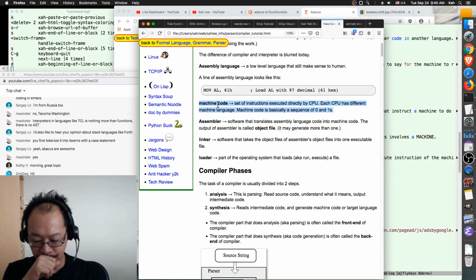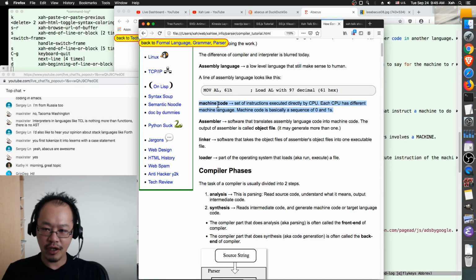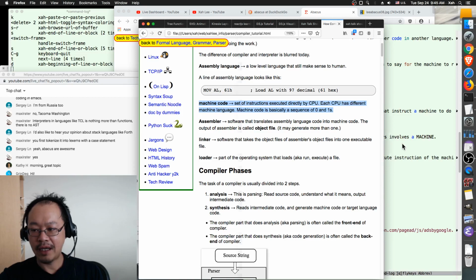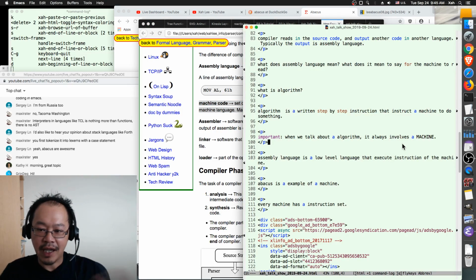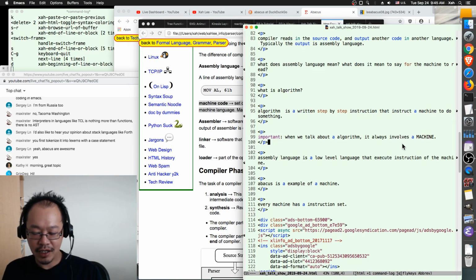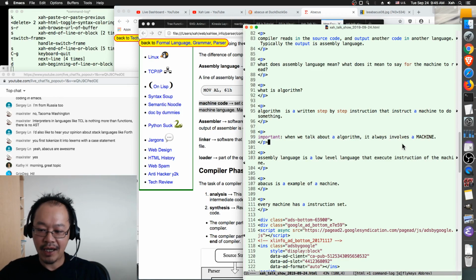But remember, machine code, assembly language, or higher level languages like Python and Java, they are kind of the same. I mean, they are just in different languages like Chinese, English, Russian. Python, Ruby, Java, JavaScript, C are high level languages we understand.